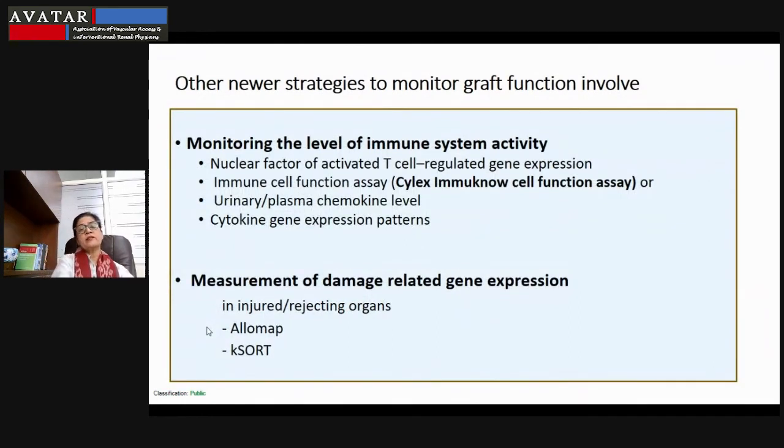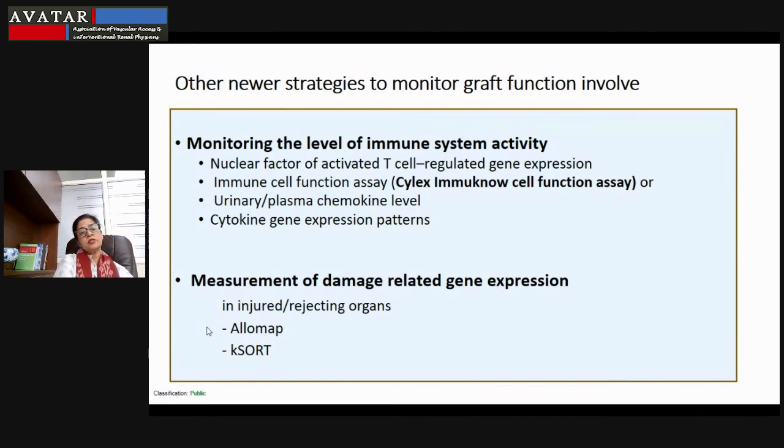Other than donor-derived cell-free DNA, we now have newer strategies emerging to monitor graft function, and these involve primarily either monitoring the level of immune system activity, the nuclear factor of activated T cell regulated gene expression, the immune cell function assays, which is the ImmuKnow test, which is well known, urinary or plasma chemokine levels, and cytokine gene expression patterns.